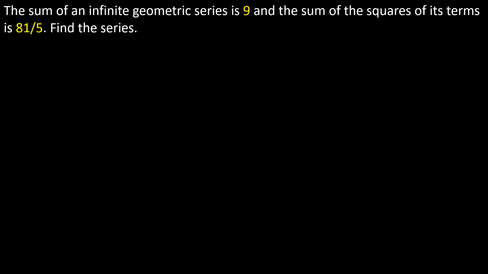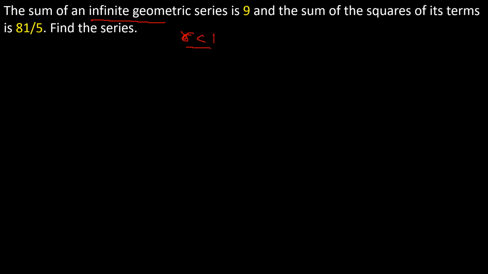So here is another question that says that the sum of an infinite geometric series is 9 and the sum of the squares of its terms is 81 by 5. We have to find the series. So, first of all, this is an infinite geometric series, right? So from here I get an idea that if he is talking about the sum of an infinite geometric series, then |r| will be less than 1.